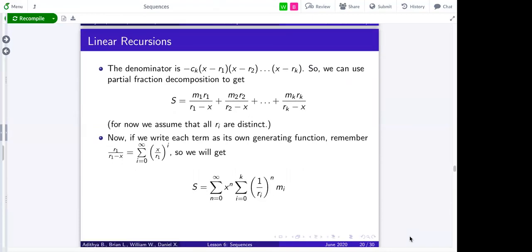S is going to be equal to the sum from n equals 0 to infinity of x to the n times the sum from i equals 1 to k of 1 over ri to the n times mi. Basically, the ith term of the inner expression is going to correspond to the nth term of the ith generating function we made with our partial fraction decomposition.